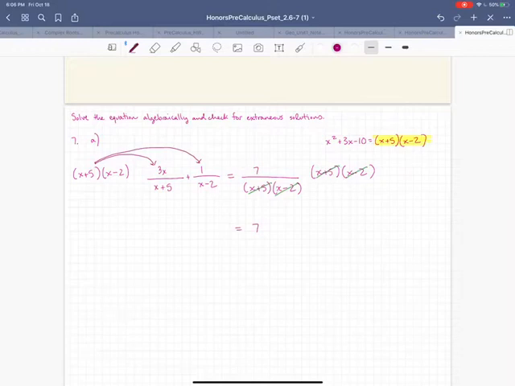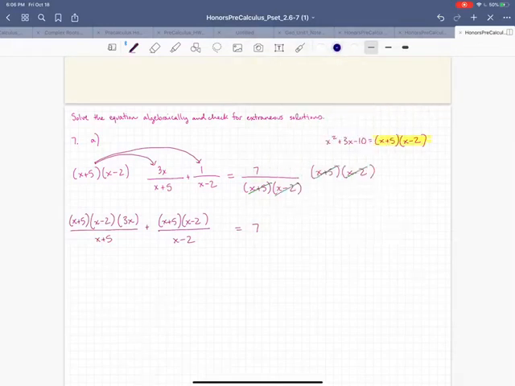And this gives me, I'm going to write this out carefully, x plus 5, x minus 2 multiplied by 3x all over x plus 5 plus x plus 5 multiplied by x minus 2 all over x minus 2.